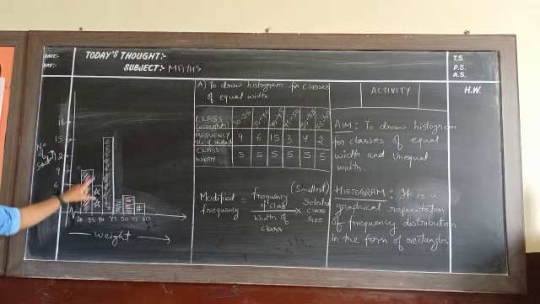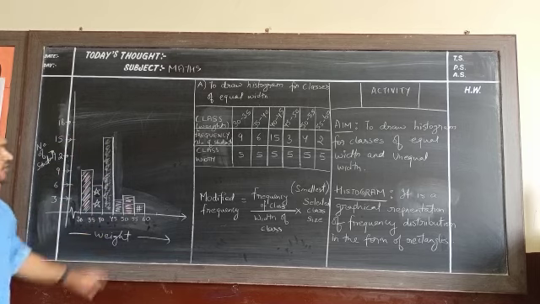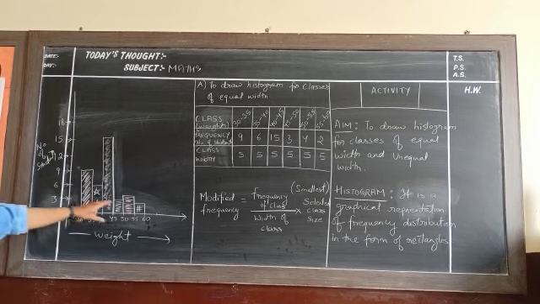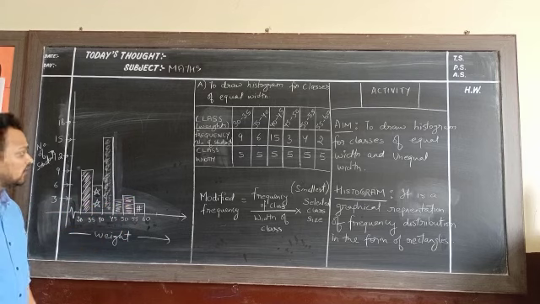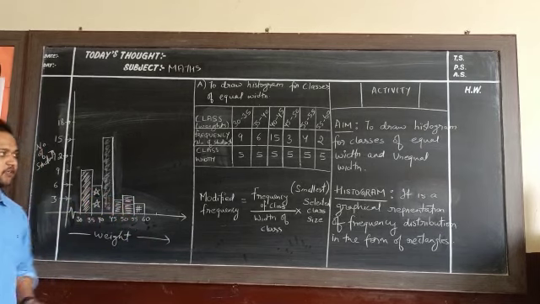There are 6 students whose weight lies from 35 to 40. There are 15 students whose weight lies from 40 to 45, and there are 3 students whose weight lies from 45 to 50. And there are 4 students whose weight lies from 50 to 55, and there are only 2 students whose weight lies from 55 to 60.